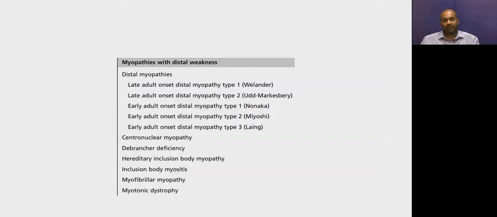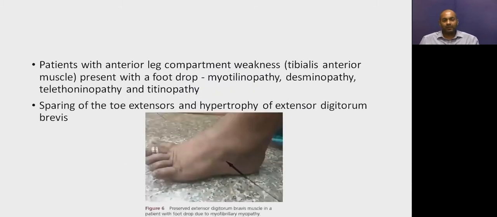Now, what are the myopathies which present with distal weakness? There is an entire distal myopathy subgroup: Welander, Nonaka, Miyoshi. If the patient has anterior weakness, that is tibialis anterior weakness, they can present with foot drop, especially myotilinopathy, desminopathy.